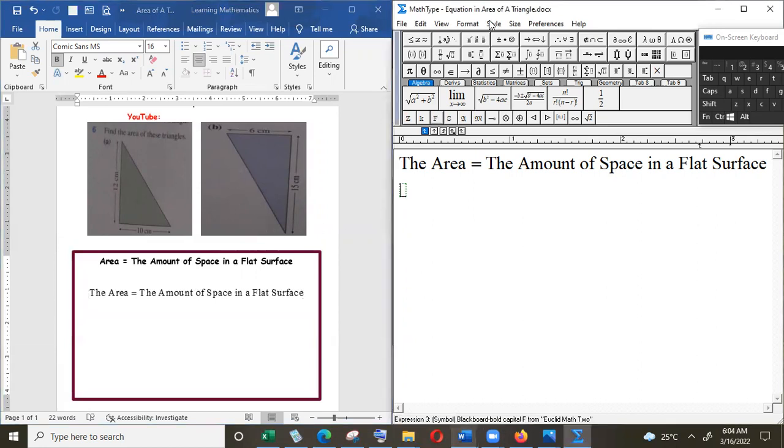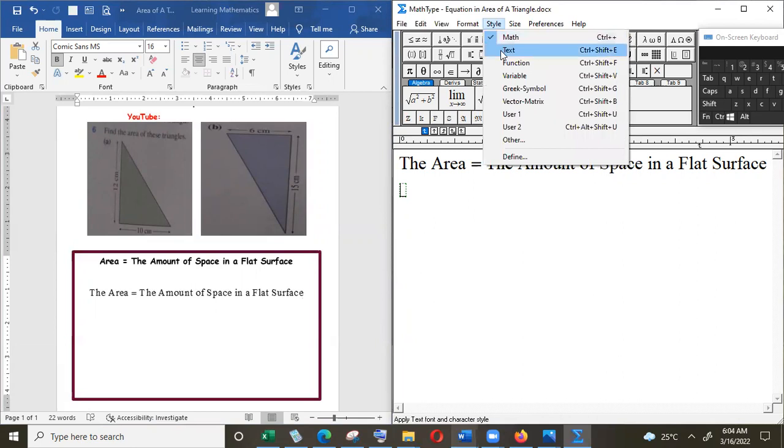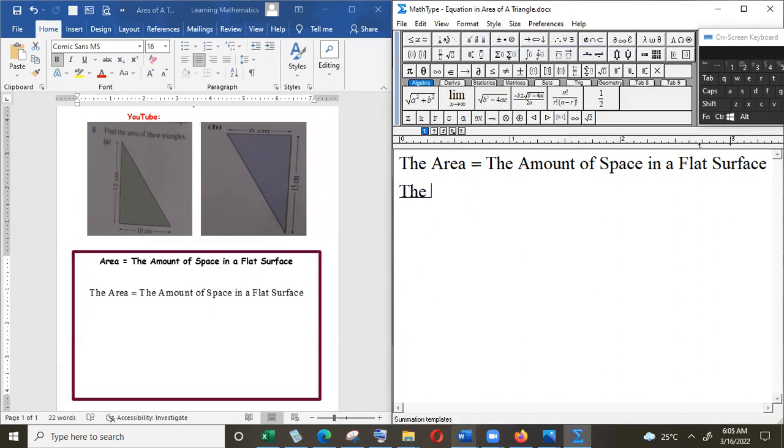Good. So copy this down now again. Area of a triangle is equal to a half.